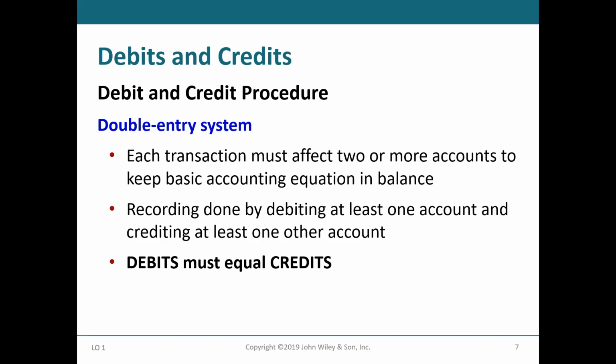So there should be at least one debit and at least one credit, and the sum of all the debits should be equal to the sum of all the credits. Because you remember the accounting equation, assets equal liabilities plus owner's equity, so the left side should always equal the right side. It means debits must always equal credits.